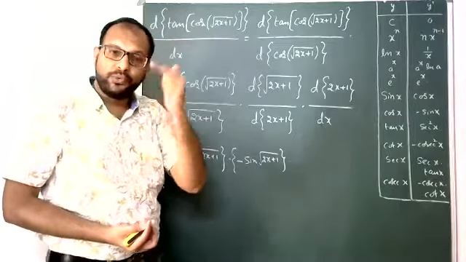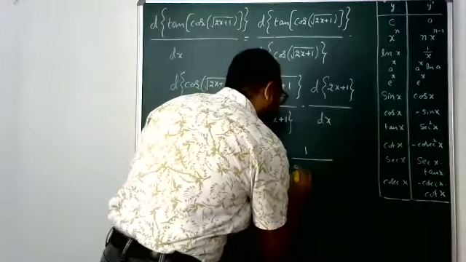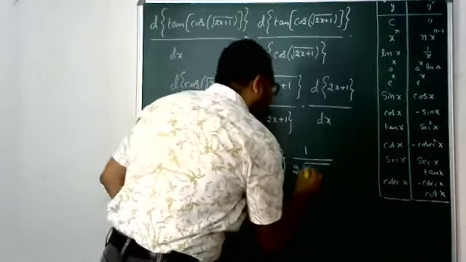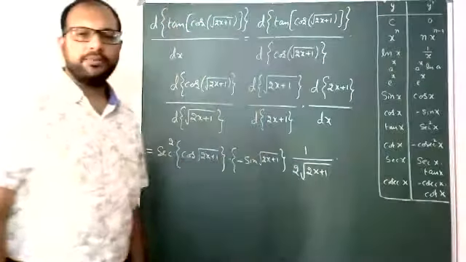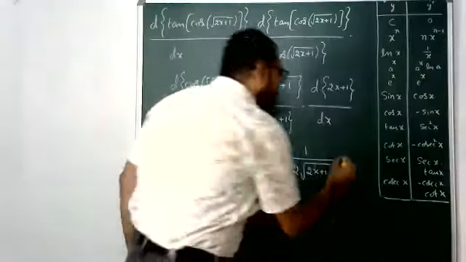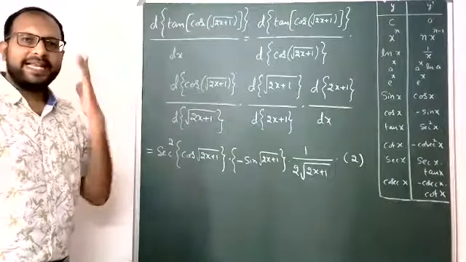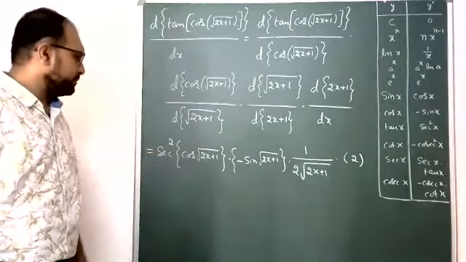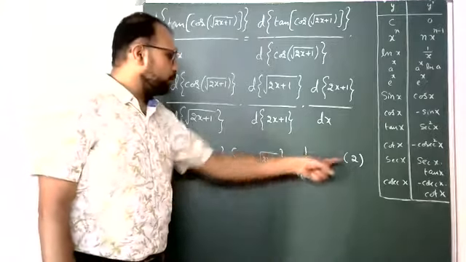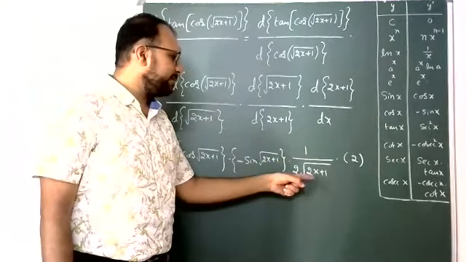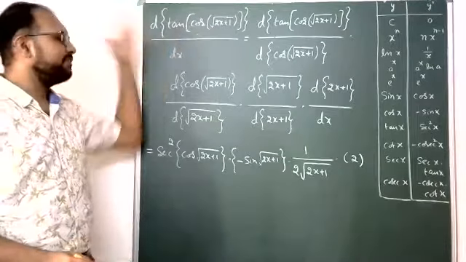Same here, 1 divided by 2 root of 2x plus 1, into the last one, which we know is 2. So the final answer is minus secant square of this function, sin of this, the 2 cancels, divided by root 2x plus 1. This is the final derivative of this complicated function.